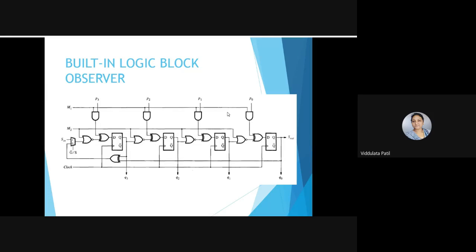So here this is a possible structure. You may have a different circuitry for this, but this is the possible circuitry for the built-in logic block observer, which is also called a BILBO. Okay, so this is the abbreviation that is used for the built-in logic block observer.